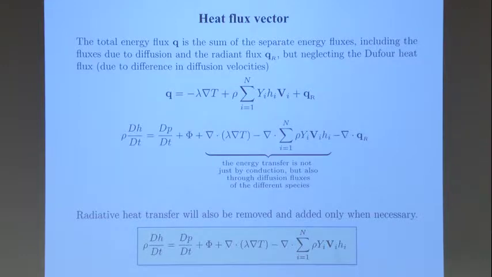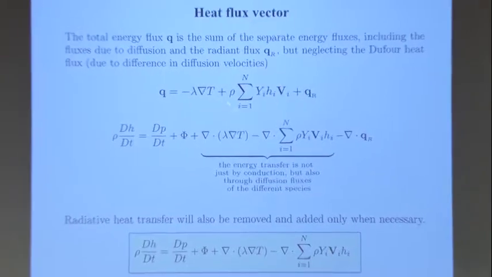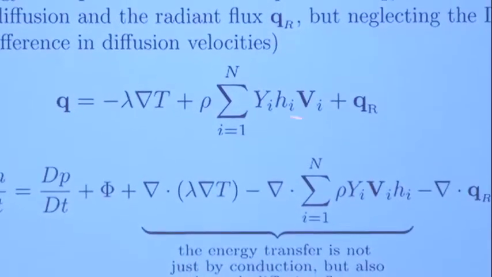In other words, the heat flux was due to temperature difference. But now, if you think of a fluid parcel, there is also a contribution by diffusion that can carry heat in or out of that volume. And that is described by the second term here in this vector Q.